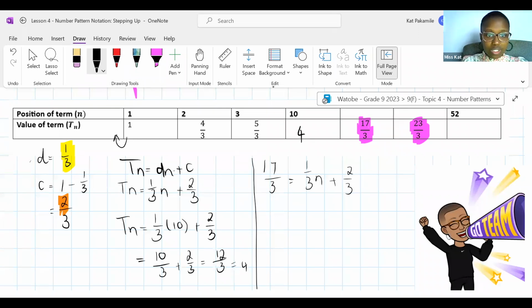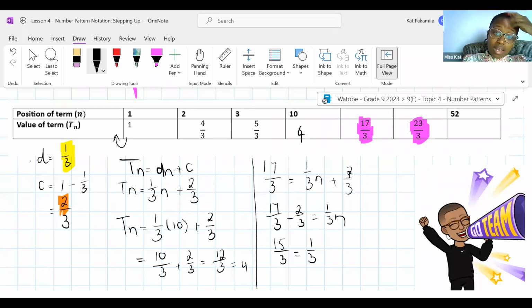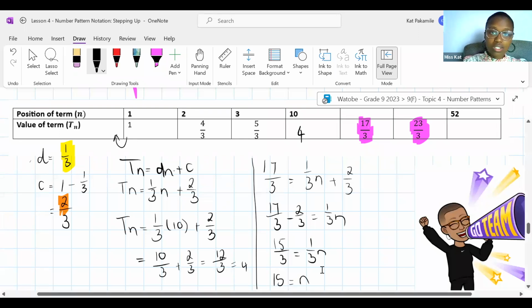I'm just going to take 17 over 3 minus 2 over 3 is equal to 1 over 3n. It's going to be 15 over 3 is equal to 1 over 3n. And now I think we can drop them. And it's going to be 15 is equal to n.